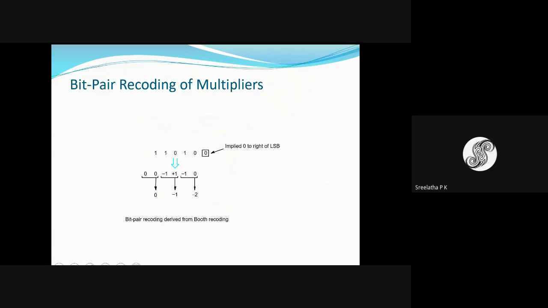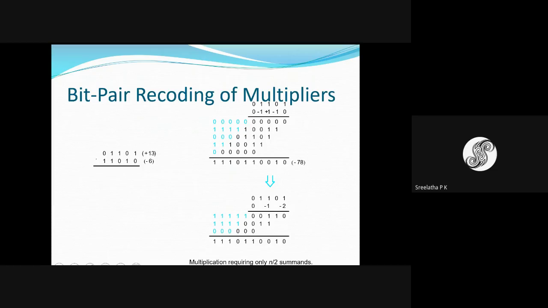This is the process which you had seen, using the Booth algorithm. This stands for minus 6 using the Booth algorithm, and that is converted into this bit pair. You can see the number of rows is reduced: here it is so many rows, and here it is only 3 rows.